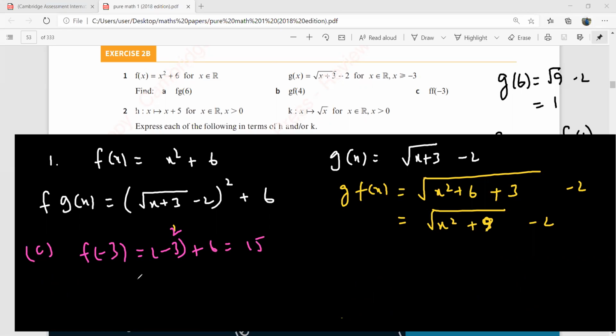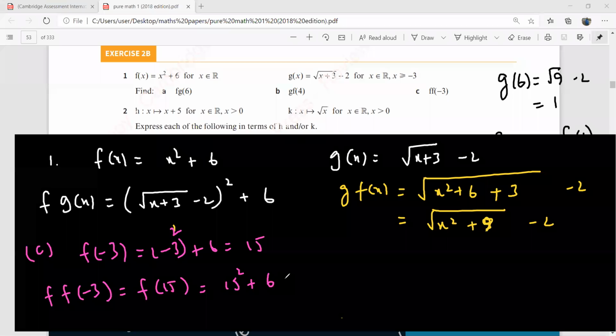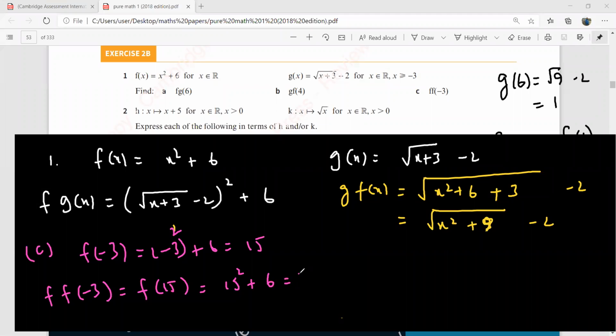That is going to be 15. So when you find f f of -3, that would be same as finding f of 15. So that would be 15 squared plus 6. And that is going to be 231.